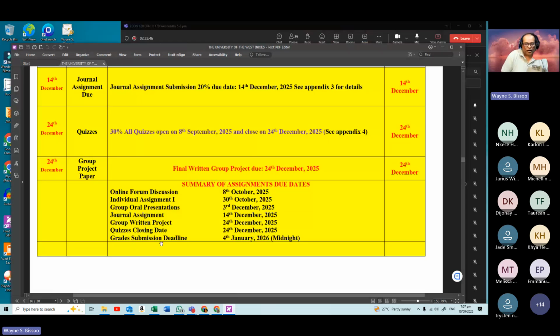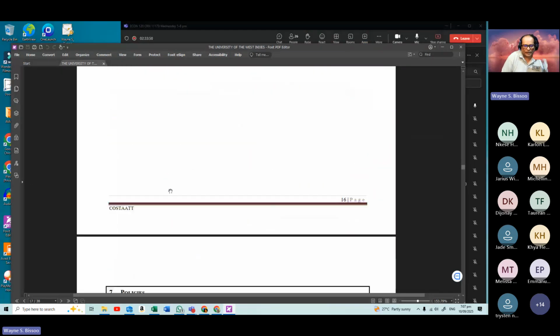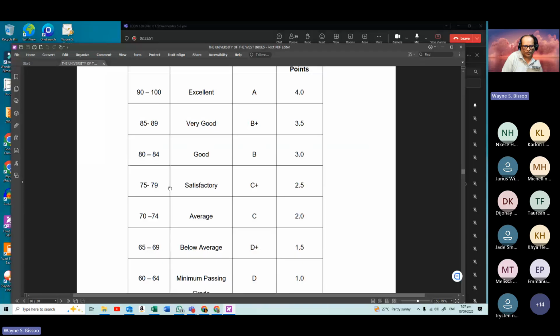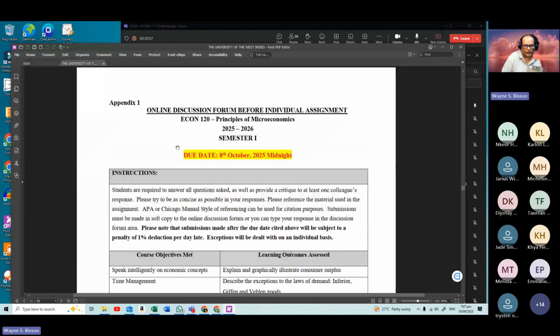Okay. All right. So let's look at the assignments in a little more detail. You all can read all of this stuff about grades. You've probably seen that a lot in other assignments. We spoke already about the forum discussion, but again, it's here in the course outline in full detail. These are the instructions.